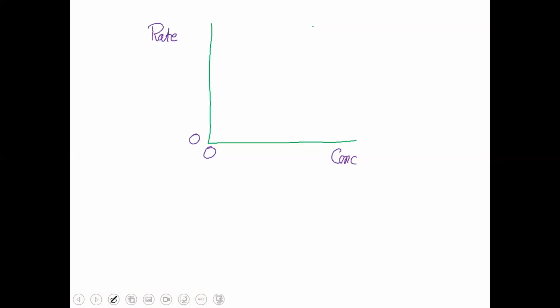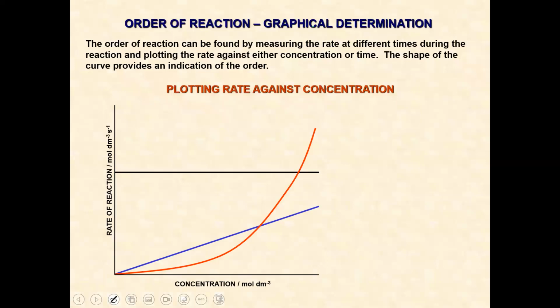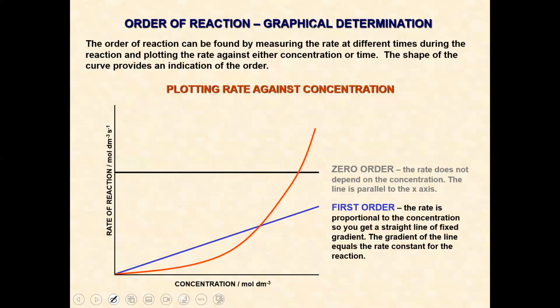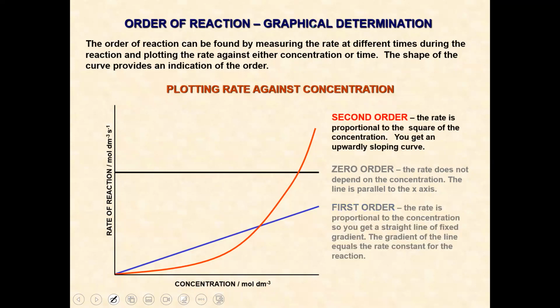Once you plot this graph, there will be a possibility of any of these shapes. When the line is horizontal, it should be zero order. Why? Because it means rate is not changing with concentration. When it is a straight line, it means the rate is increasing proportionally with the concentration.